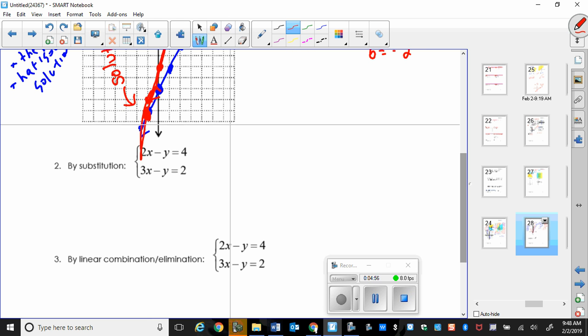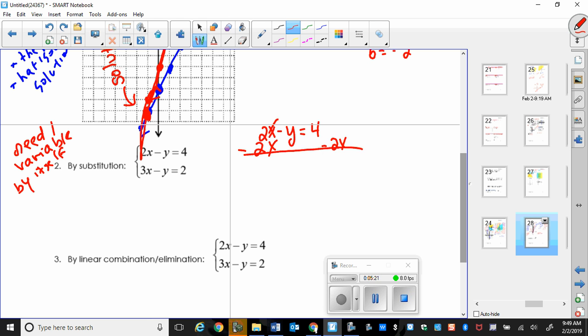Now, if I was going to use substitution, I need one variable by itself. Okay, so I'm going to choose 2x minus y equals 4. And we're just going to get some practice with solving for y here. We get negative 1y equals 4 minus 2x.